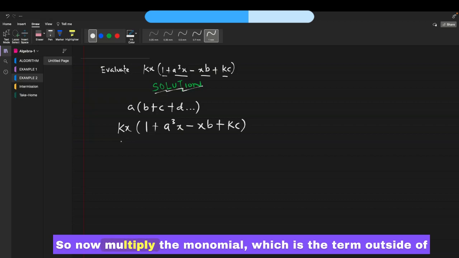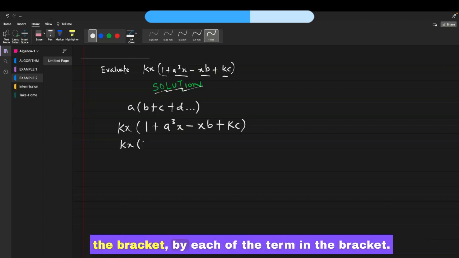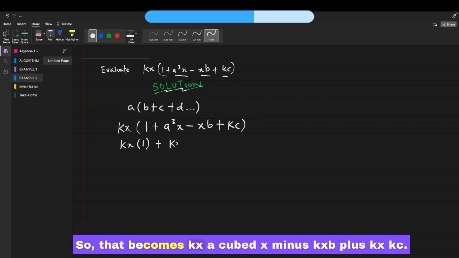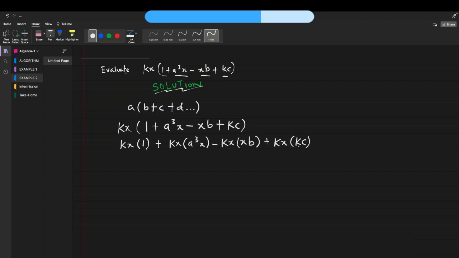So now multiply the monomial, which is the term outside of the bracket, times each of the terms in the bracket. So that becomes kx times 1, plus kx times a cube x, minus kx times xb, plus kx times kc.